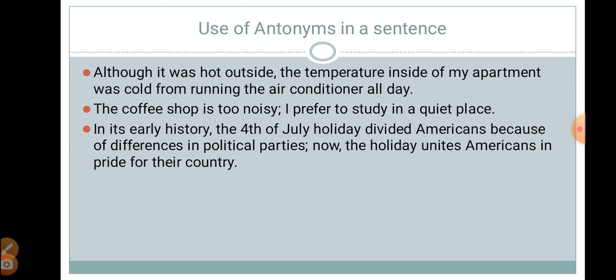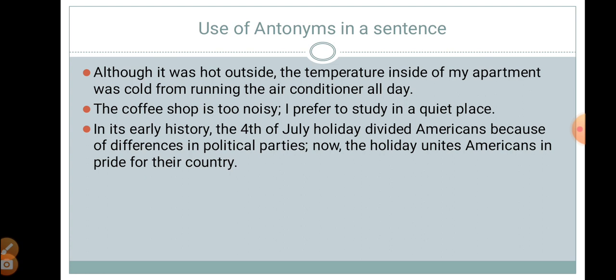You see, we have direct antonyms because outside is hot, inside is what? Cold, from running the air conditioner all day. Are we there? We see the two statements there. We use them as antonyms to each other. The first one and the second one.